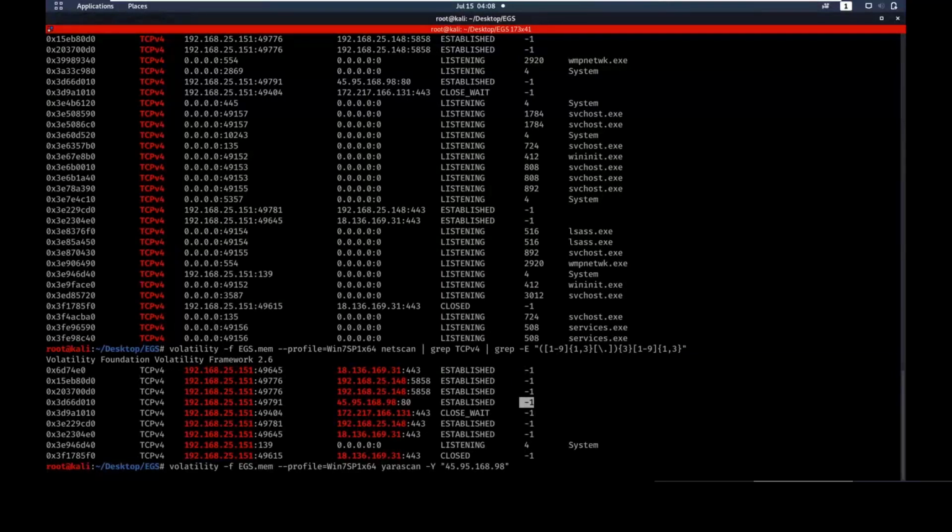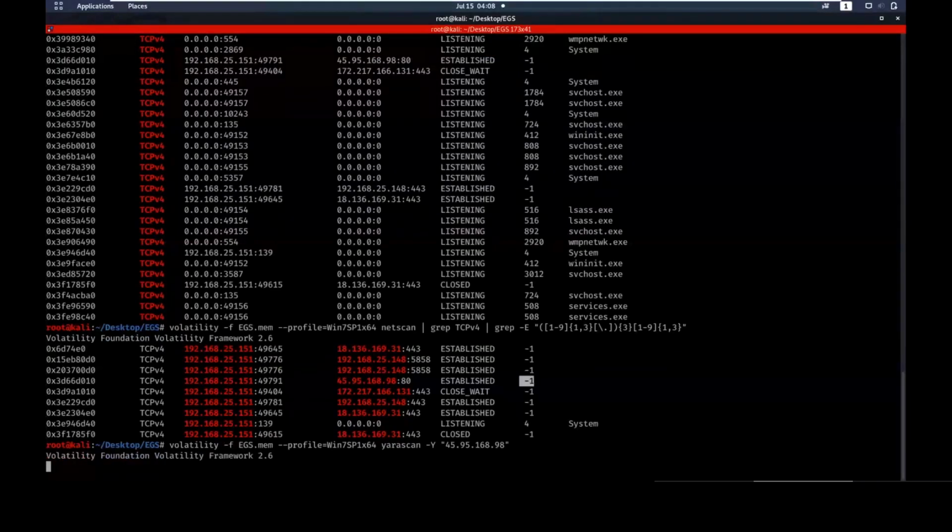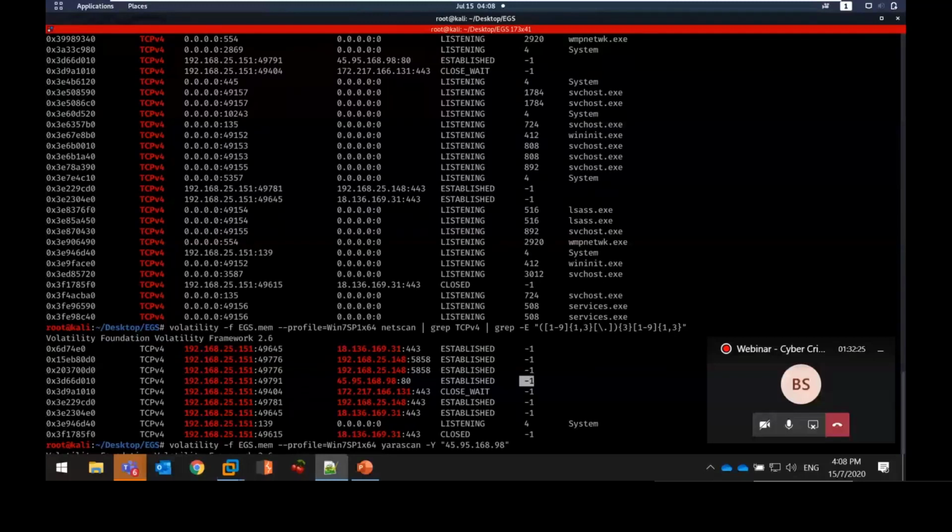I said, look in this memory image for that pattern. Let's see what we can get. It may take a little bit of time.